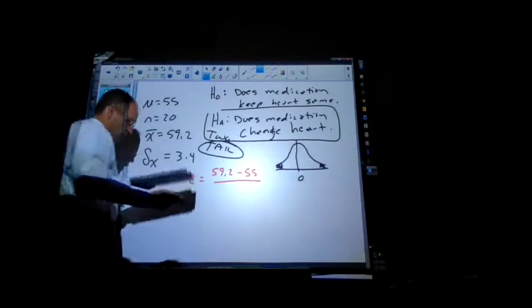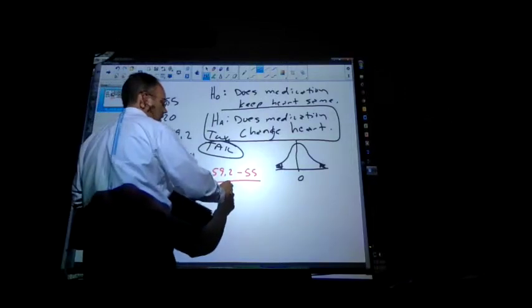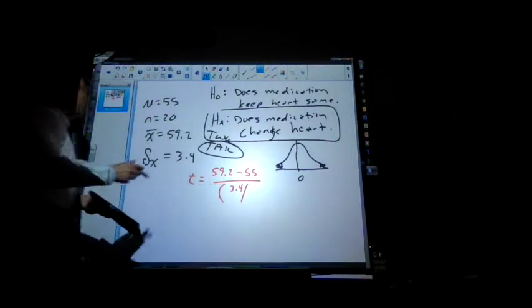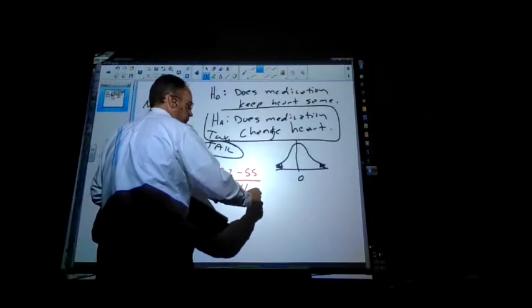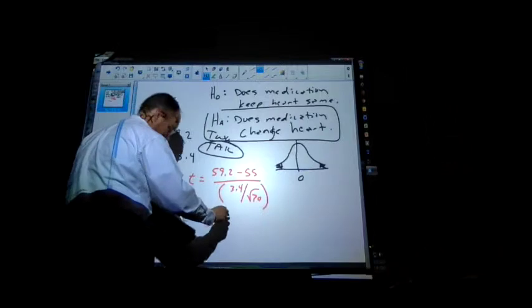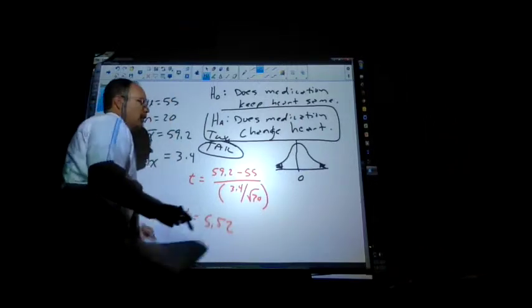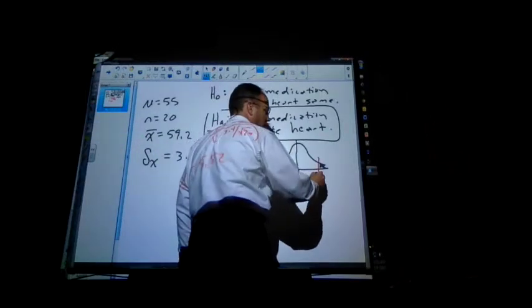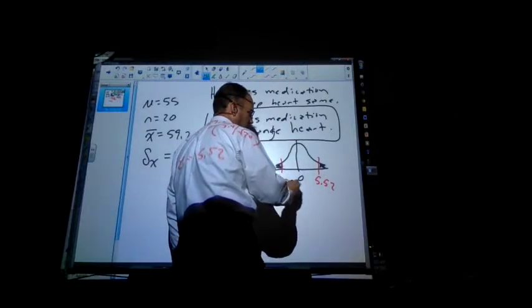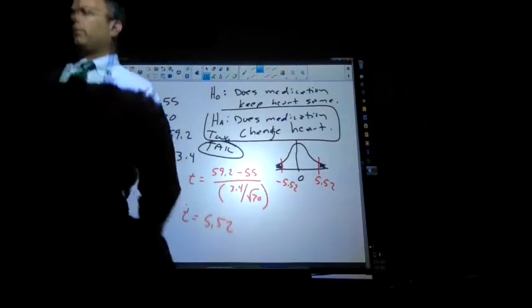I'm then going to divide by the standard deviation divided by square root of 20. And if you go figure out this math, it comes out to 5.52. So this is basically positive 5.52 standard deviations, negative 5.52 standard deviations. So you're looking for above and below that.